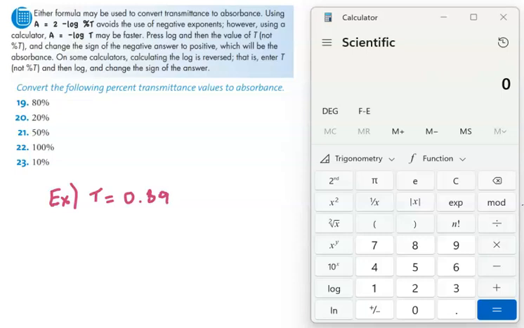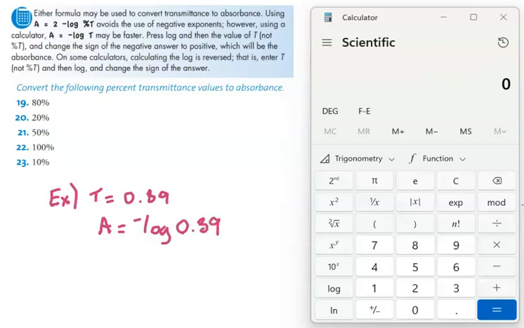All the problems we've looked at previously, number 19 through 23, had transmittance given in percentages, and we had to convert those percentages to decimals in order to plug them into our formula. Well, guess what? This is already given to us as a decimal, so we don't have to convert anything. Our T can go straight into our formula. So A equals negative log, and our T is 0.39.